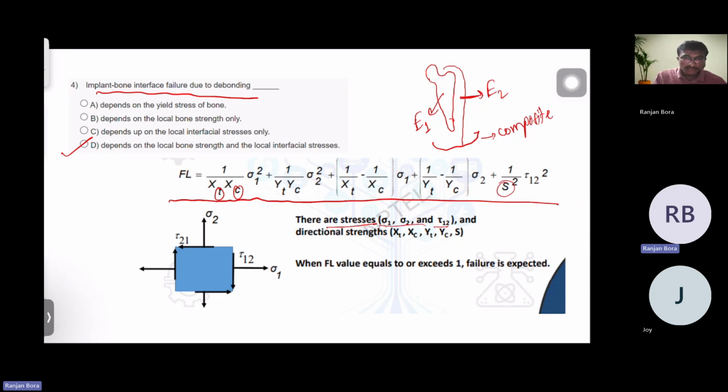Using this equation, we can evaluate the value of FI. If the value of FI equals or exceeds 1, then we can expect some failure. So using this equation, we can estimate the failure at the implant bone interface.